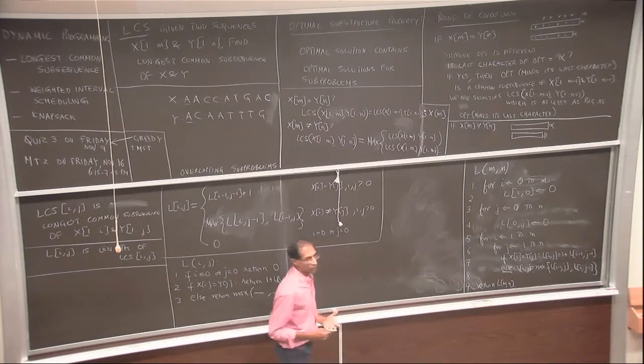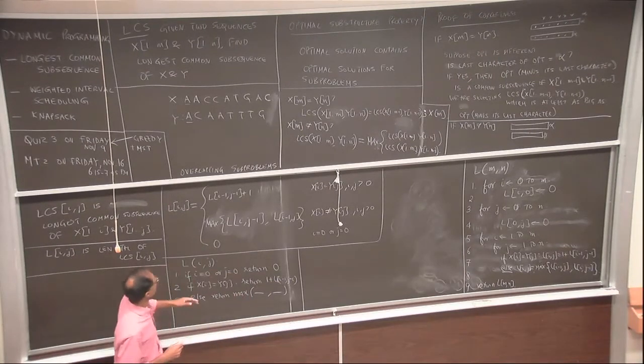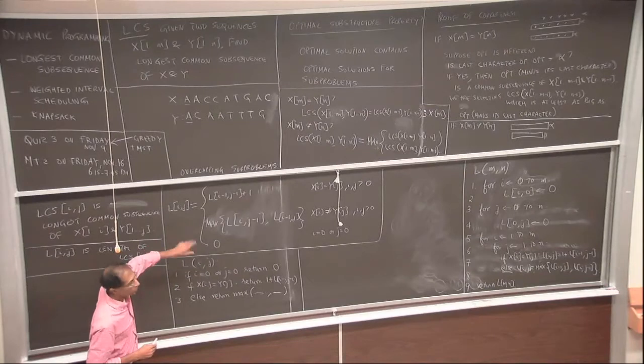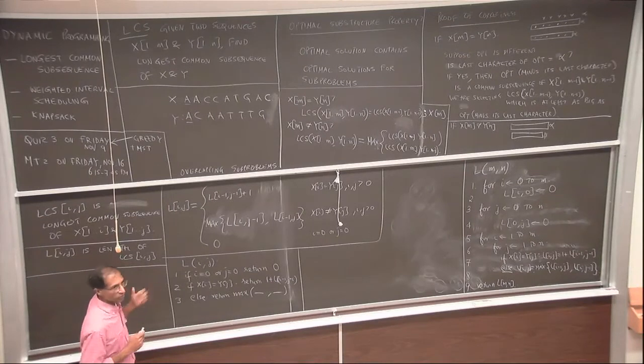The next step we will try to add is getting the actual sequence. Sometimes you don't have to go through these steps; you can directly get the sequence. So if I had to adjust this recurrence so as to get the actual sequence, what can I do?